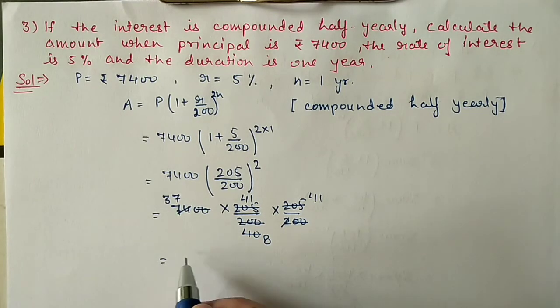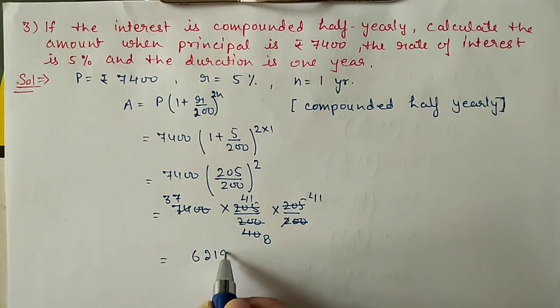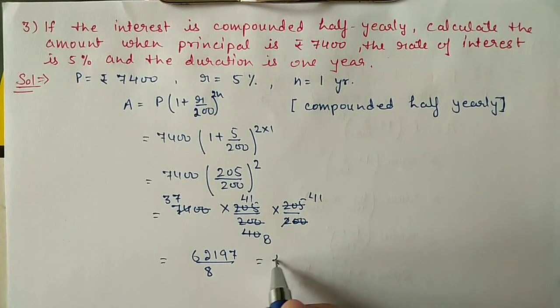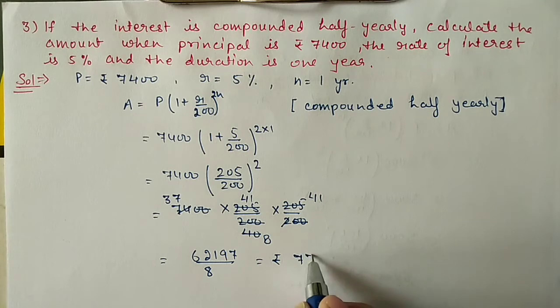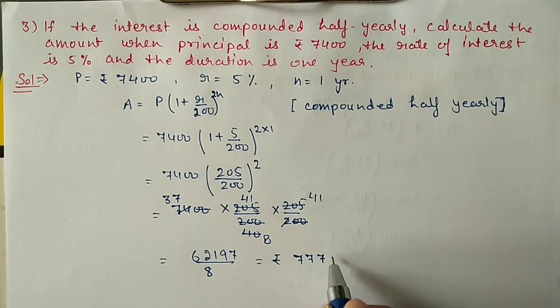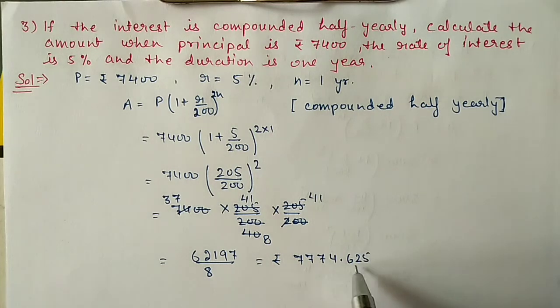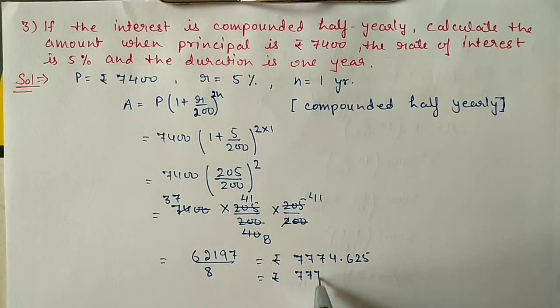After multiplication we will get 62197 divided by 8, and after division we will get 7774.625. So this 625 we can write as 7774.63.